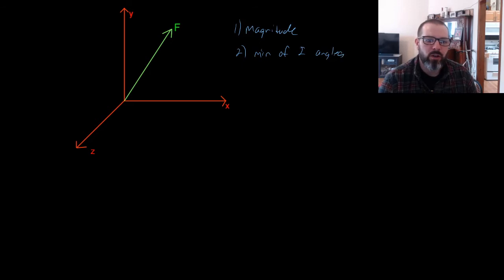These two angles are given as phi, where phi is called the azimuth angle, and theta, where theta is called the transverse angle.